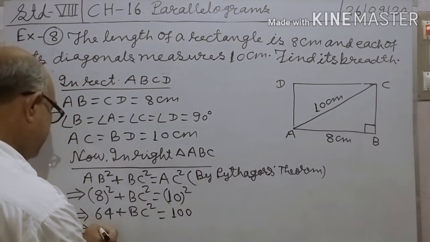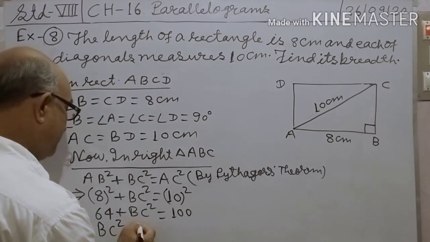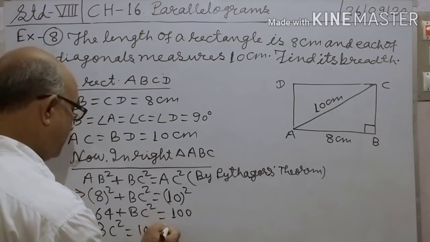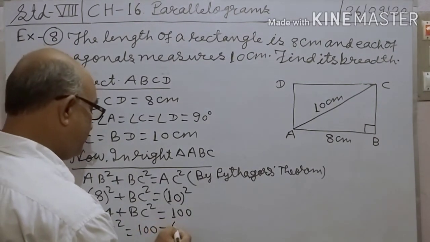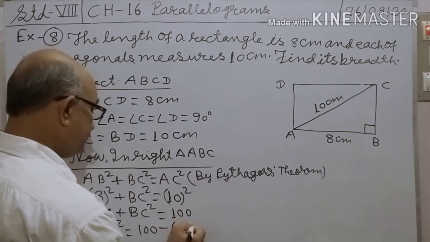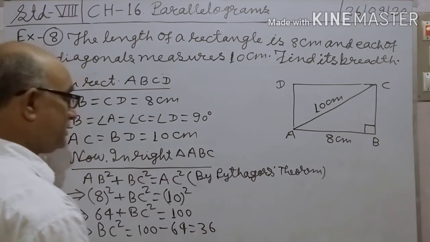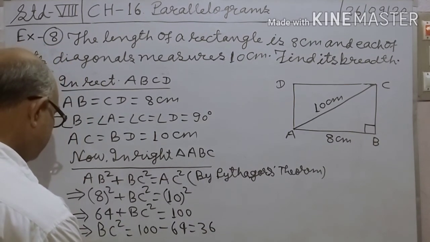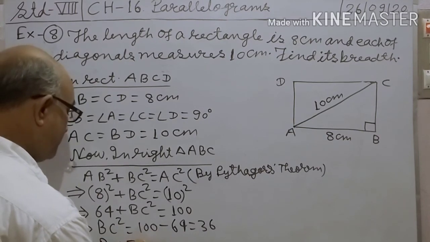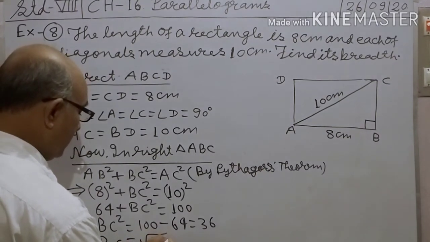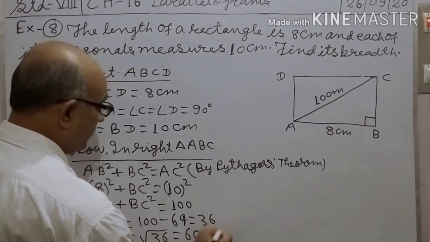That implies BC square equal to 100 minus 64 by transposition, equal to 36. That implies BC equal to under root 36 equal to 6 cm. Answer.